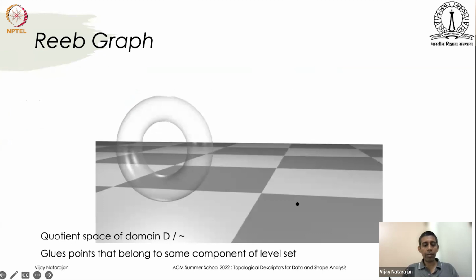The equivalence operator considers two points as being equivalent if they belong to the same connected component of a level set.